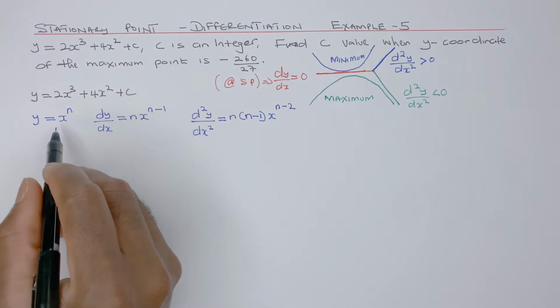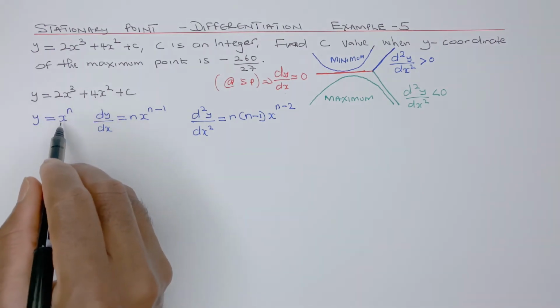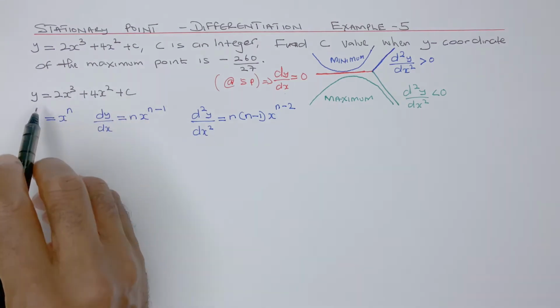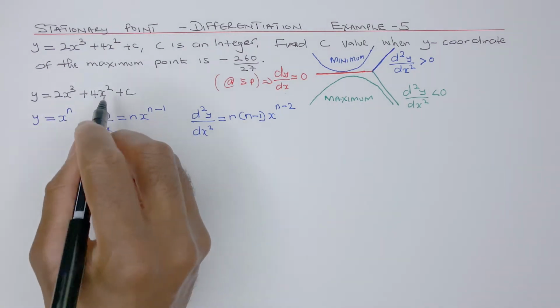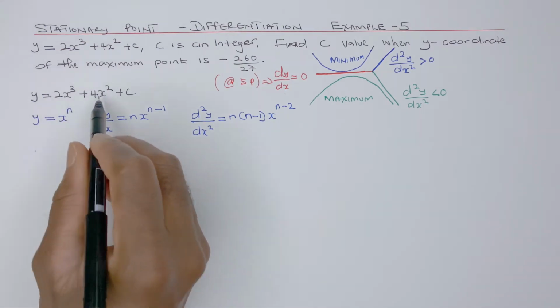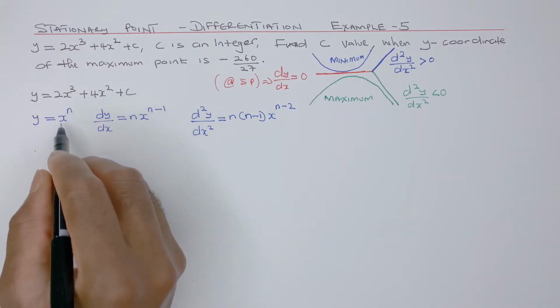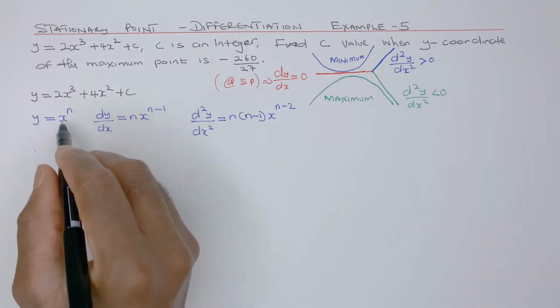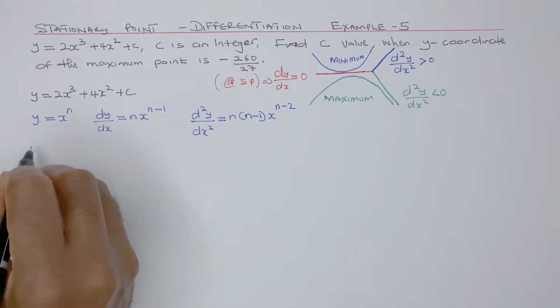This function has 3 terms, so we differentiate term by term. In order to do that, we have to make sure this function looks like that. But the c doesn't look like that. The c doesn't have an x variable. Actually, it has.